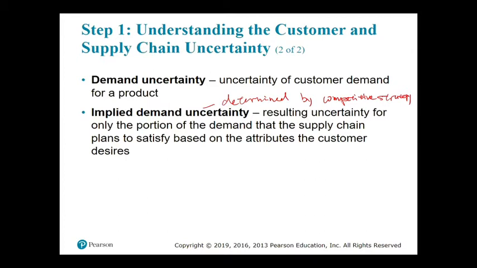If we're serving customers who demand maintenance parts on the fly, in other words, emergency settings, then the implied demand uncertainty would be much higher than in regular settings.